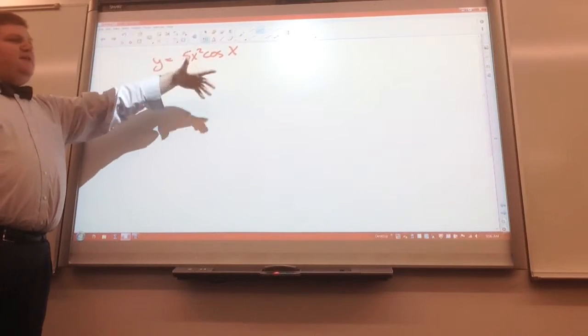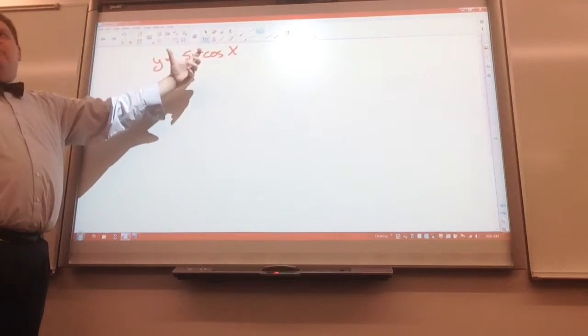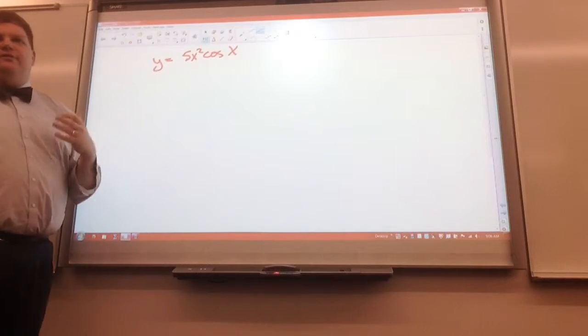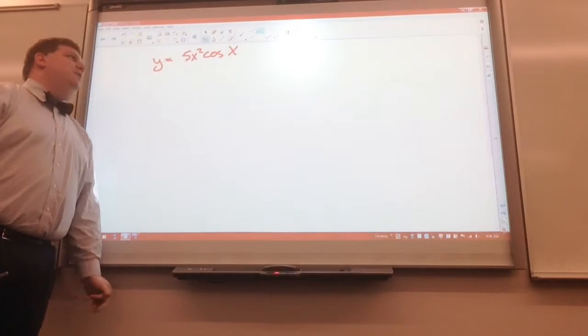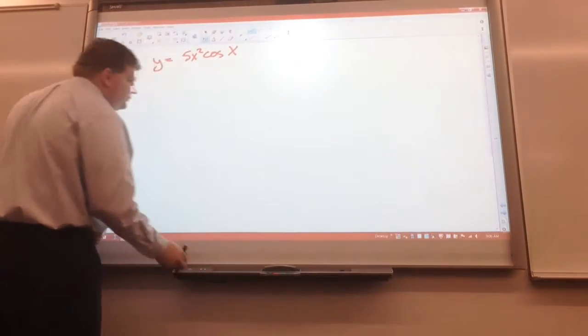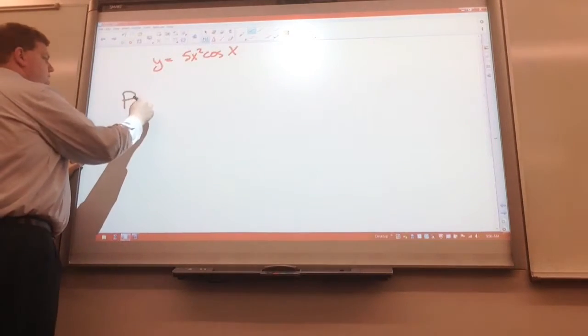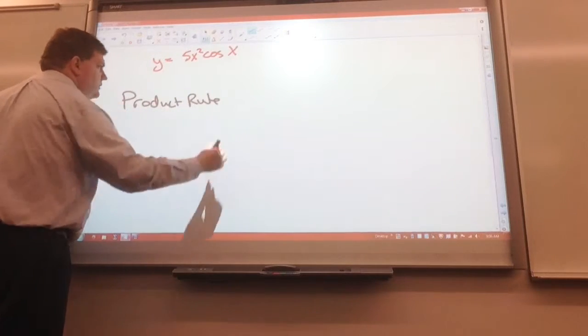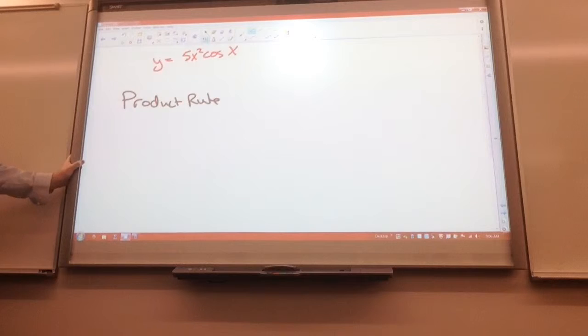There's also no easy way I can separate these two things out using trigonometry or polynomials or any of those methods at my disposal. So I have to have a new rule to figure out how to deal with this. And it turns out, there's a rule called the product rule that allows me to handle something like this.